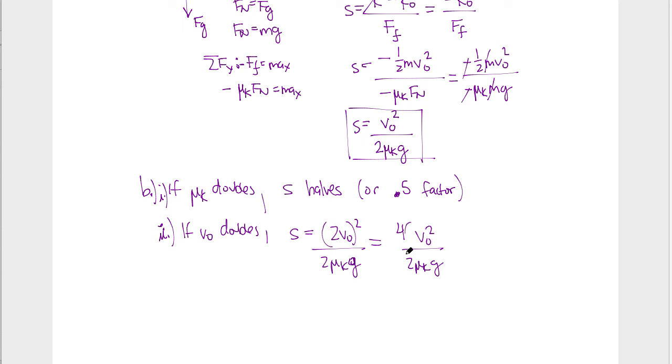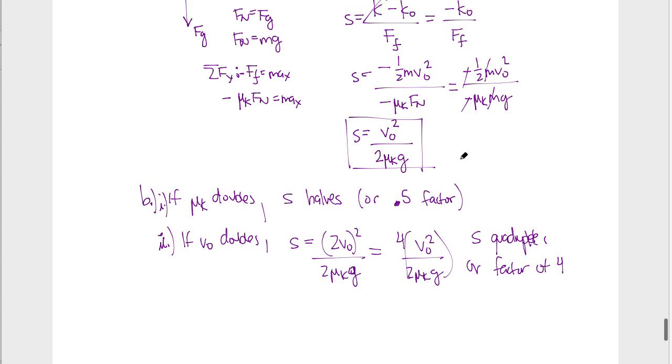And so this 4 times my original stopping distance means that S quadruples, or a factor of 4. Because I have a much higher speed, so I need a much greater stopping distance.